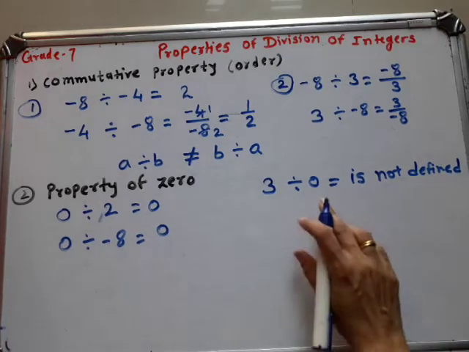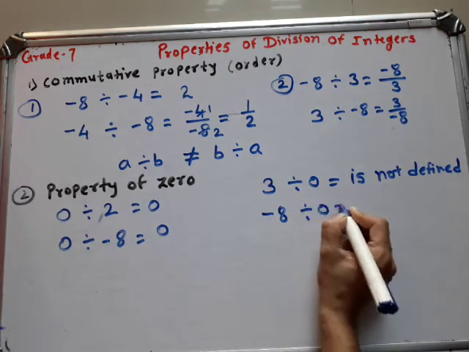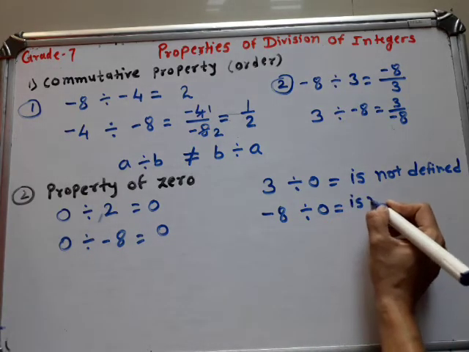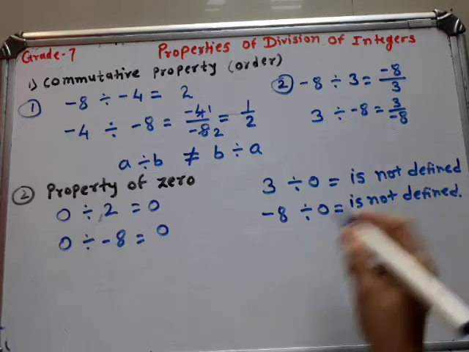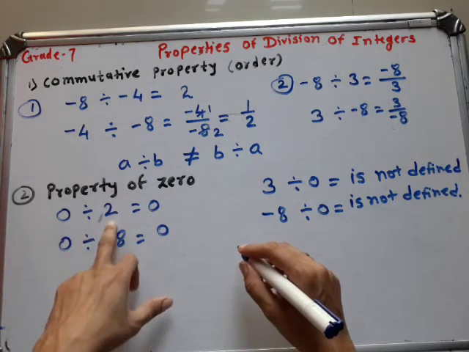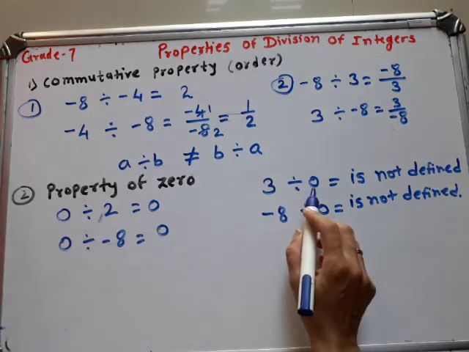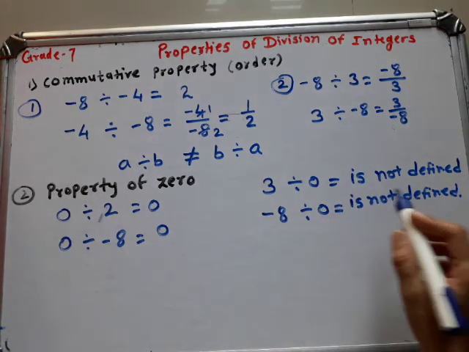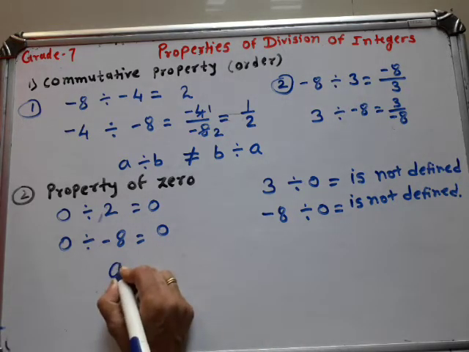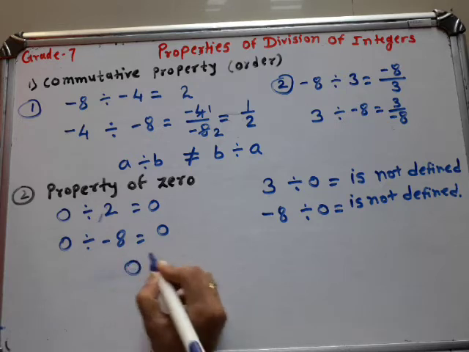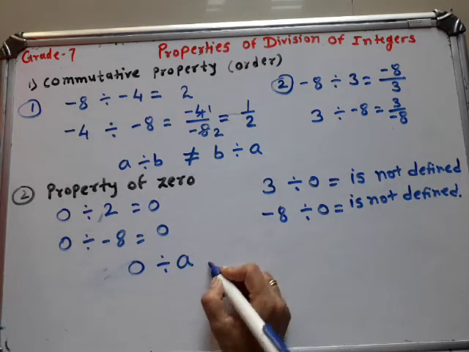Again see, suppose minus 8 divided by 0, again this is not possible, not defined. Remember this: we can divide 0 by any integer, but we cannot divide an integer by 0. So write here: 0 divided by a is possible.